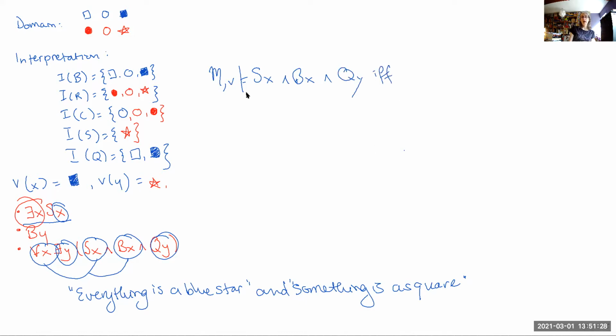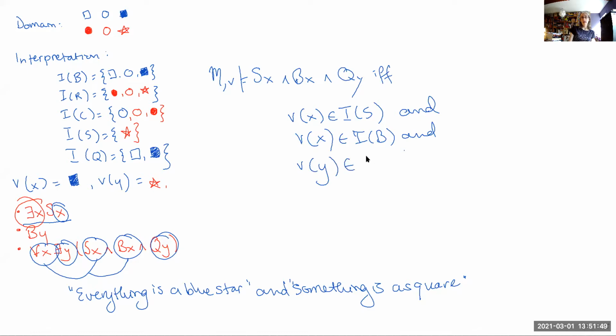This is true if and only if whatever the variable assignment assigns to x is in the interpretation of S, and whatever the variable assignment assigns to x is in the interpretation of B, and whatever the variable assignment assigns to y is in the interpretation of Q.